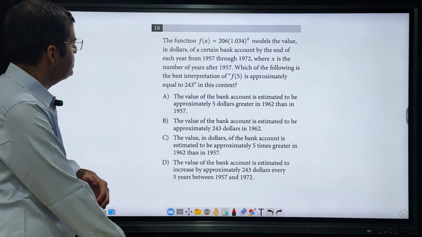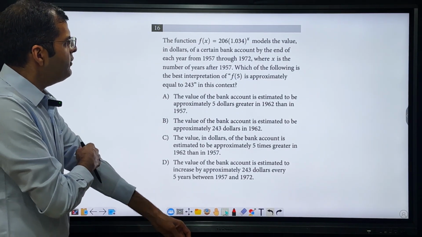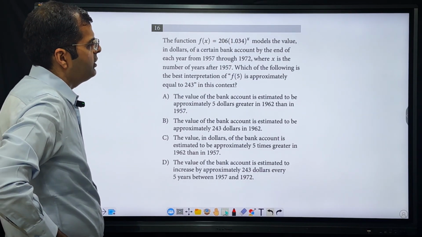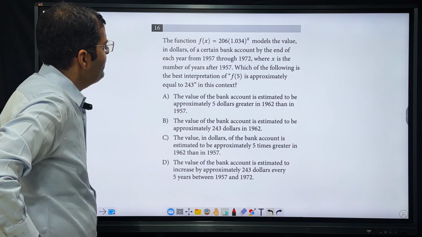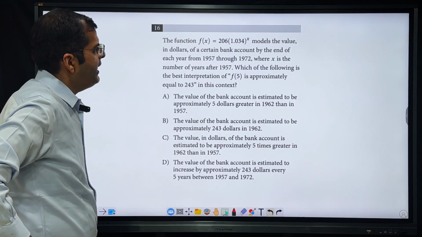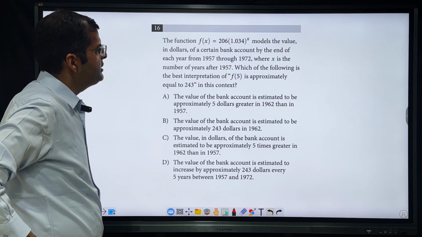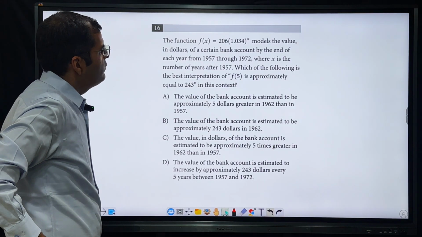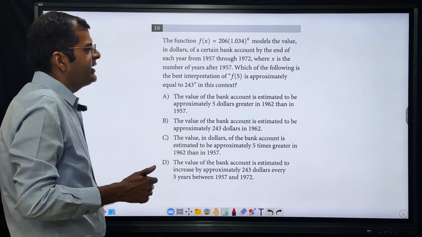So now the next question says, the function f of x equal to 206 times 1.034 raised to x models the value in dollars of a certain bank account by the end of each year from 1957 through 1972, where x is the number of years after 1957.